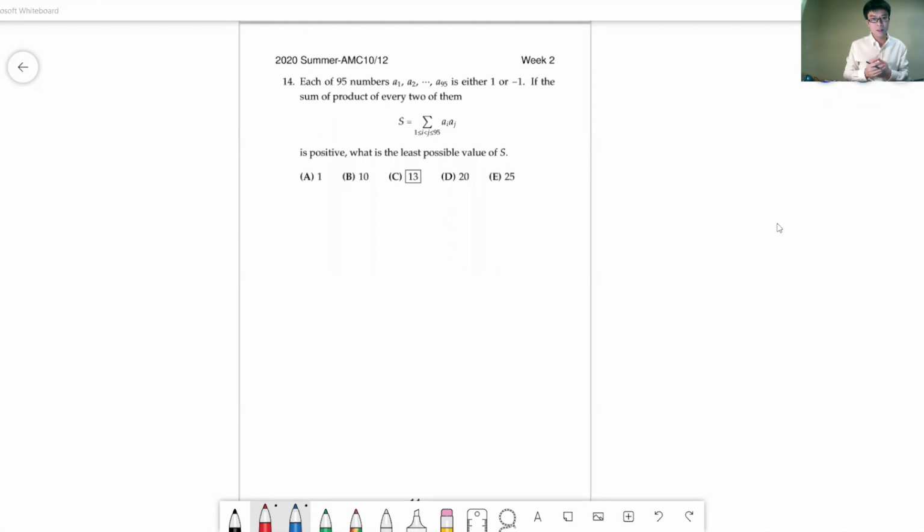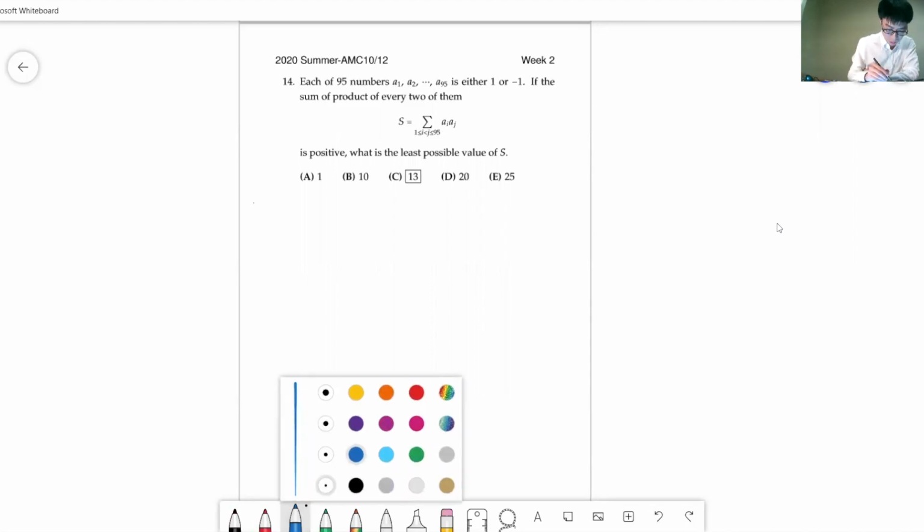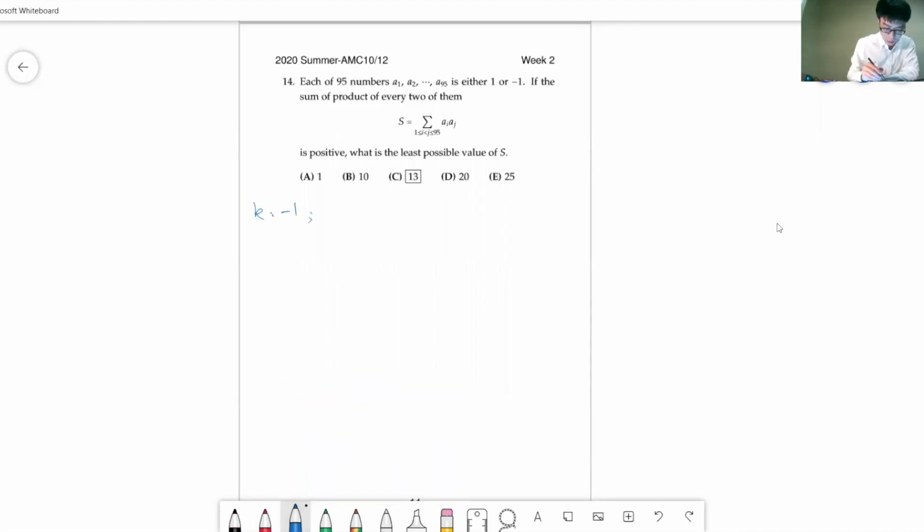We want to find the least possible value of S. Because we only have 2 choices, 1 or minus 1, we can assume there are K positive 1s, and so 95 minus K negative 1s. And then basically we can express the value of S in terms of K.